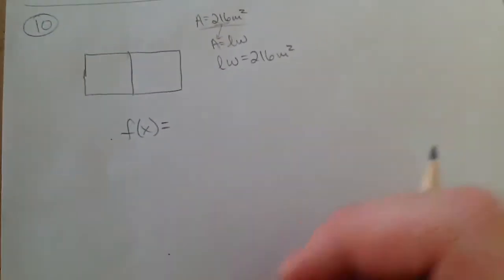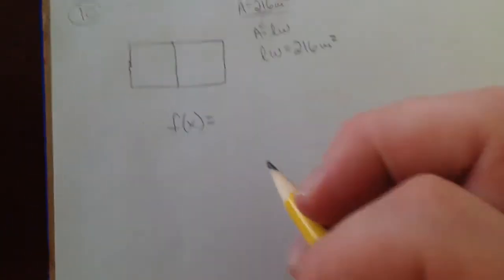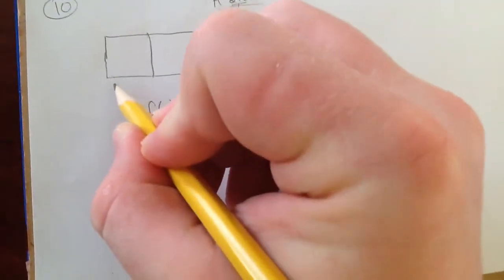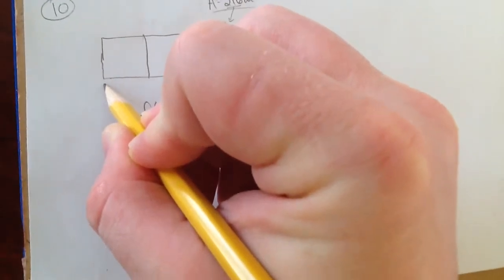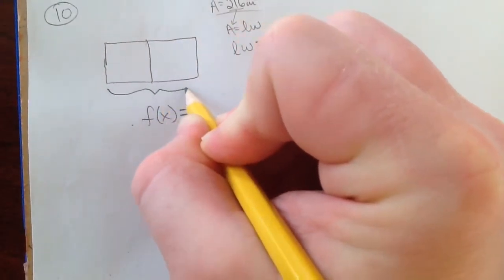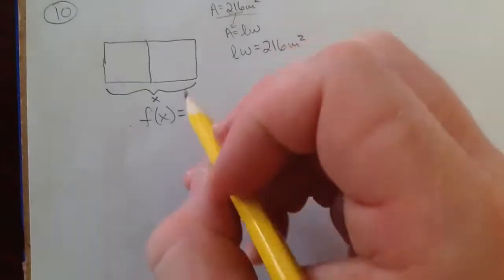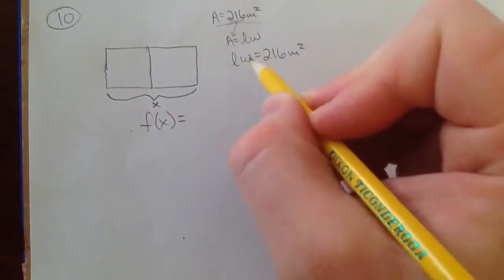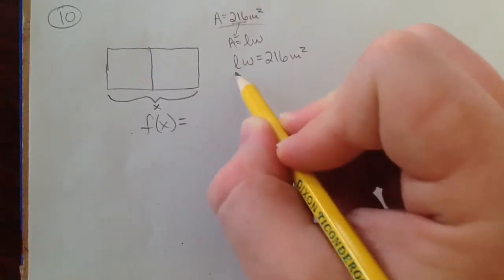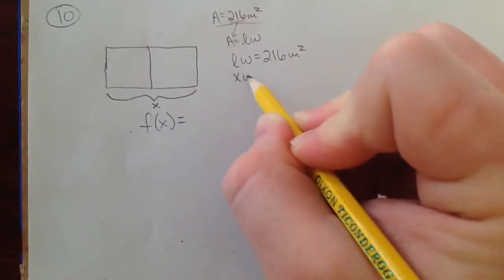Well, we can pick any side we want, call it x. It doesn't matter how you do it. I'll pick this whole side right here. That's going to be x. So basically that's like my length, right? My length is x.